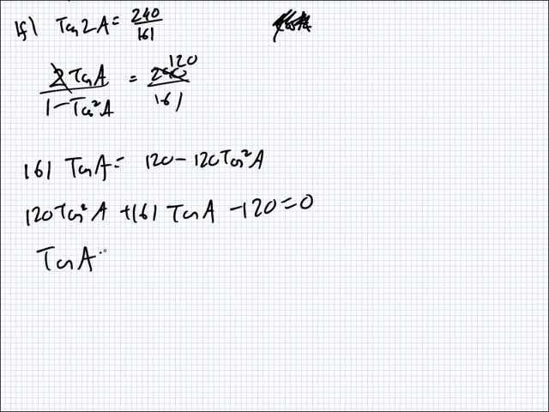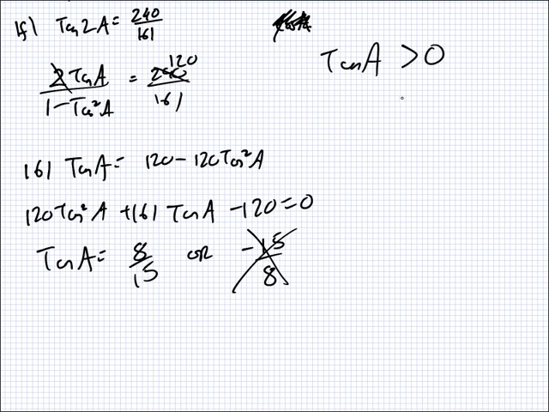Tan A equals 8 over 15 or minus 15 over 8. But still, we reject this because we want tan A to be positive. It's interesting, isn't it? Why are they opposite?